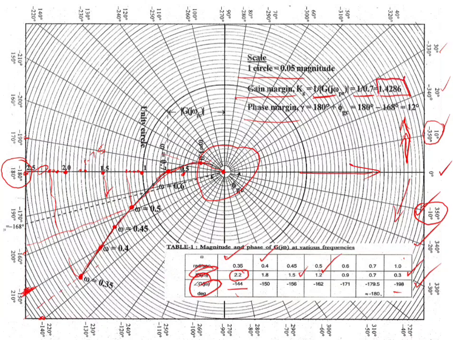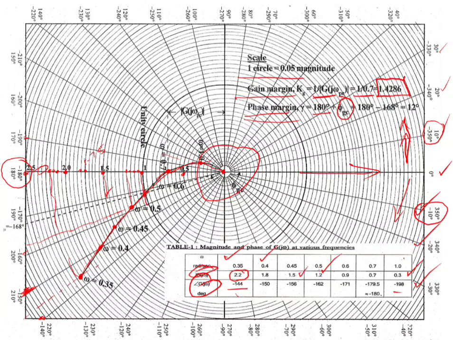This equals 1.426, so this is the gain margin. Phase margin gamma is equal to 180 degrees plus phi gc. Phi gc is nothing but the phase angle at the gain crossover frequency. Gain crossover frequency is the point at which the locus cuts the unit circle.